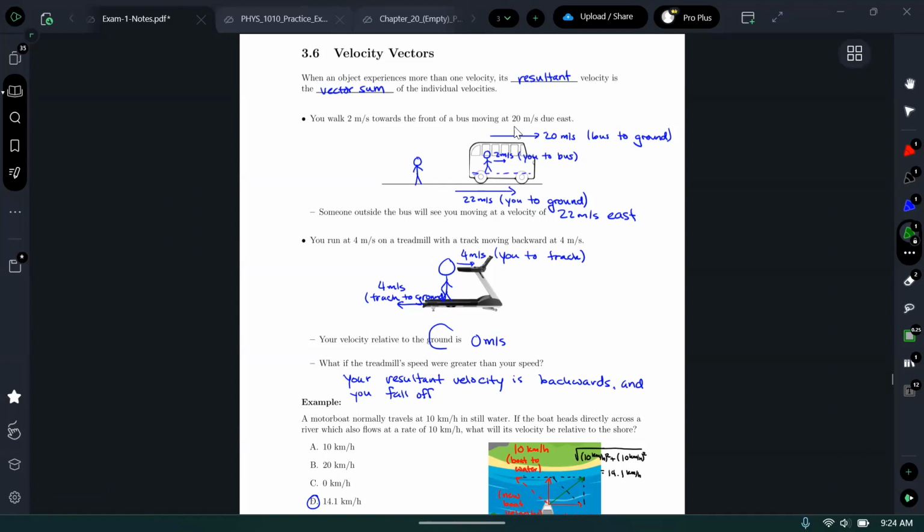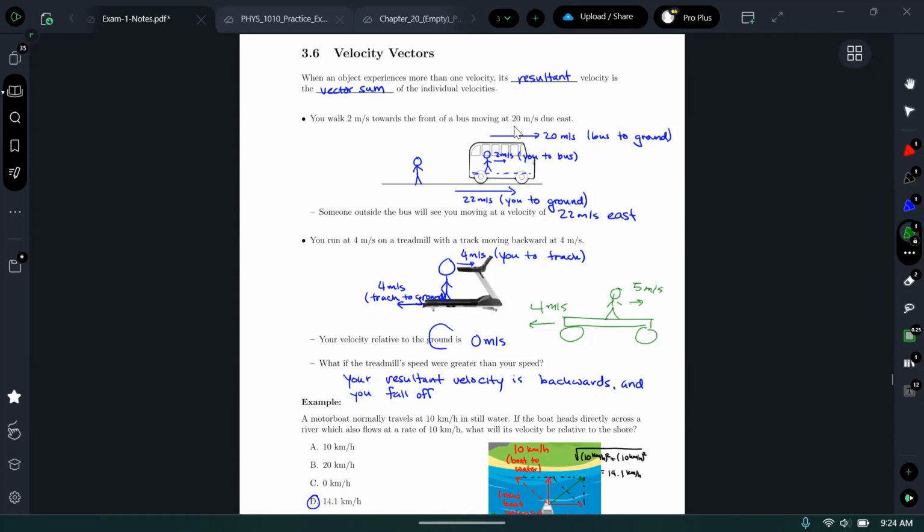So reason being, we'll just think of a moving platform. It's moving 4 meters per second this way. You're running 5 meters per second this way. Someone watching all this happen from the ground is only going to see you move 1 meter to the right each second. Because for each 5 meters you move to the right, the thing you're on has moved back by 4 meters.